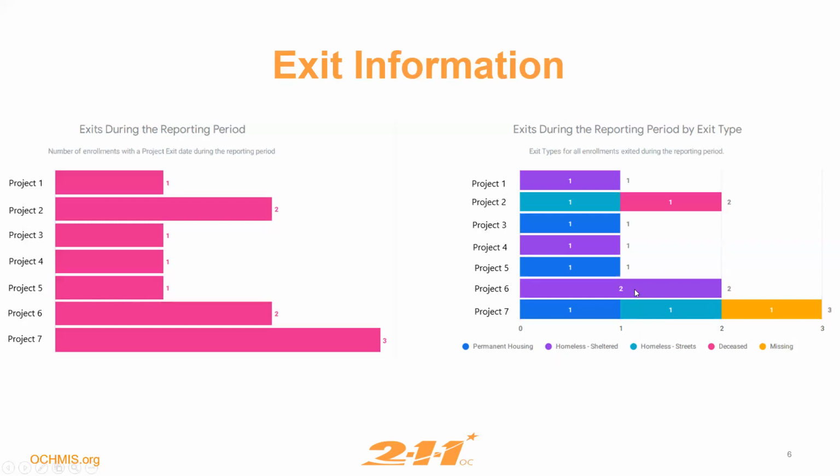Are there any other types of exits that would be useful to highlight here, or any other exit information? And is this chart on the left necessary, since the same numbers are included here on the right in the gray?